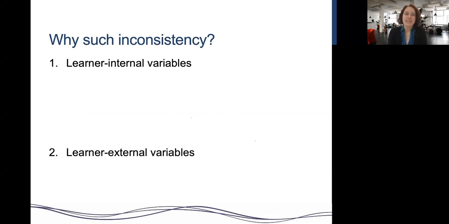It's worth considering why there is so much inconsistency in this research, though. And one way of looking at what might be happening is dividing it into learner internal variables and learner external variables on the other hand.